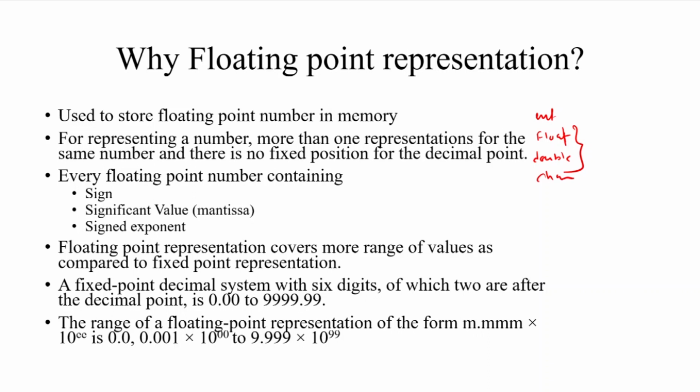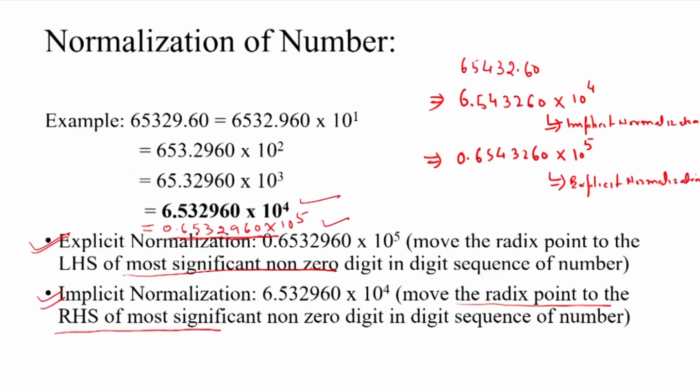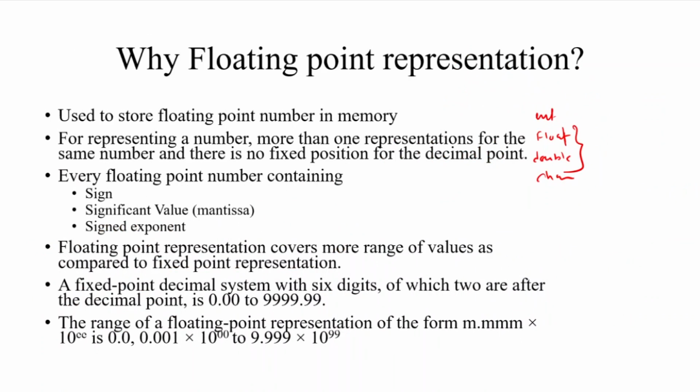For representing a number there is more than one representation of the same number, and there is no fixed position for the decimal point. That's why for placing the radix point we use explicit normalization or implicit normalization.